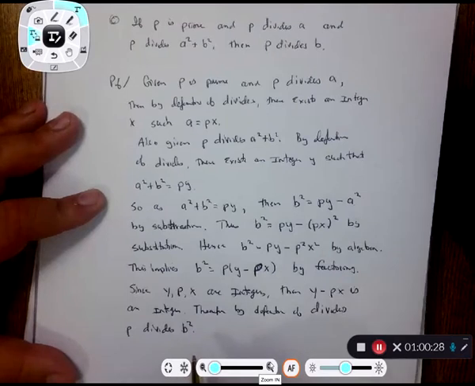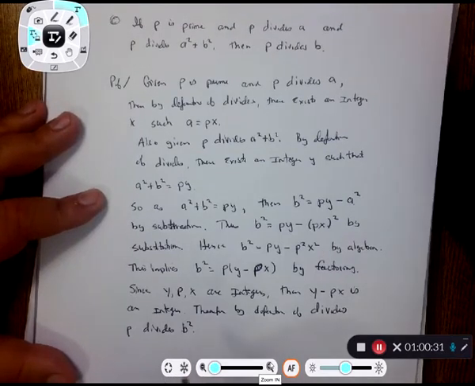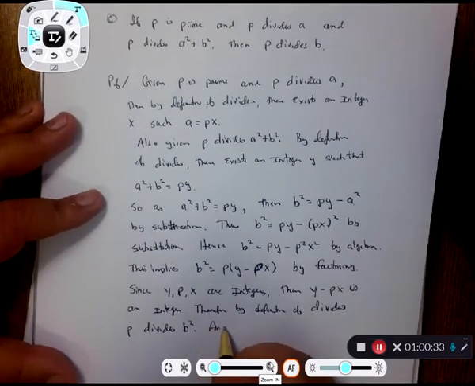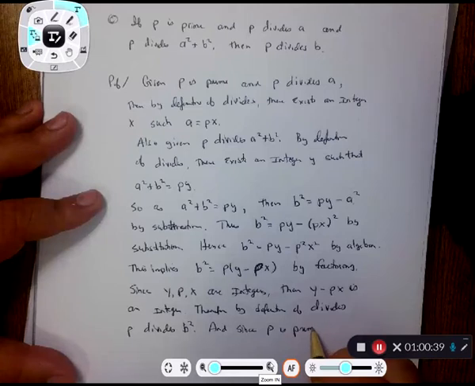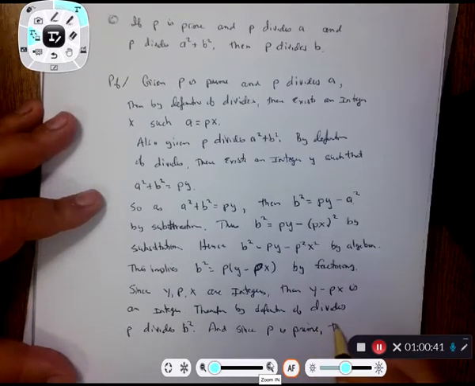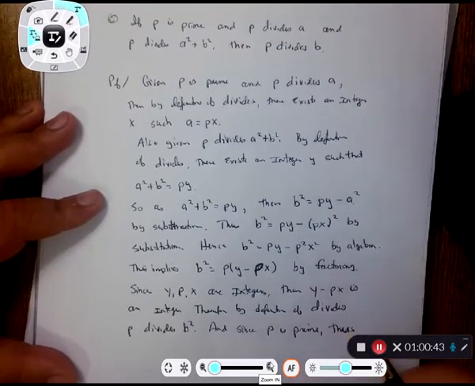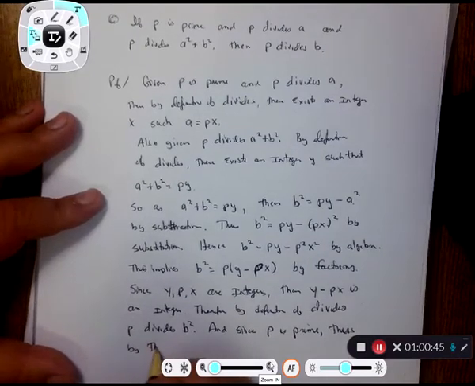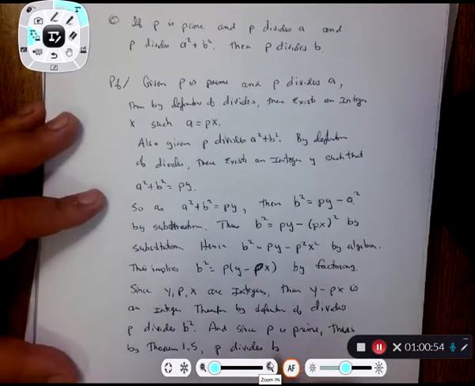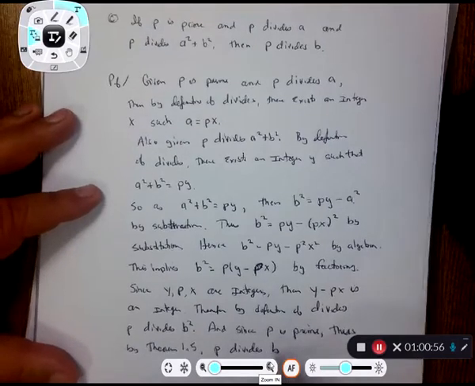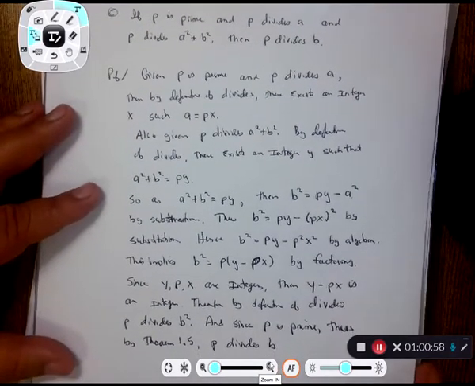B squared by definition is b times b, and since p is prime, thus by theorem 1.5, p divides b. The last statement of your proof should always be a statement of what you're trying to show.